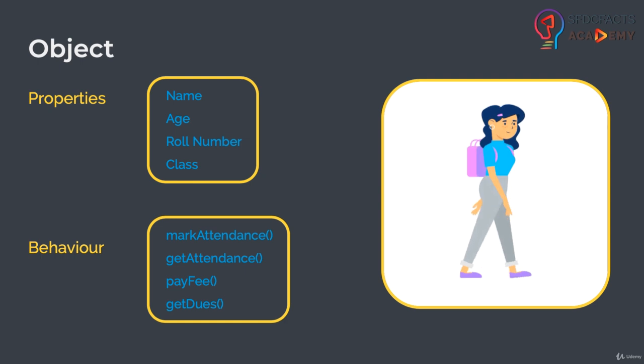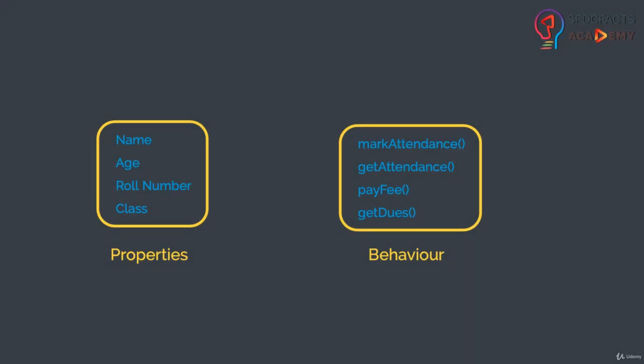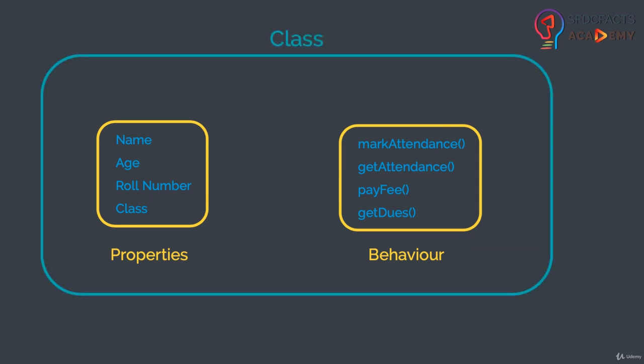Now let's come to the second question. How do you represent an object in a programming language? Most programming languages use a class to represent an object or to give an object a definition. A class is used to store the properties and behaviors of an object, where the properties are called variables and behaviors are called methods or functions.